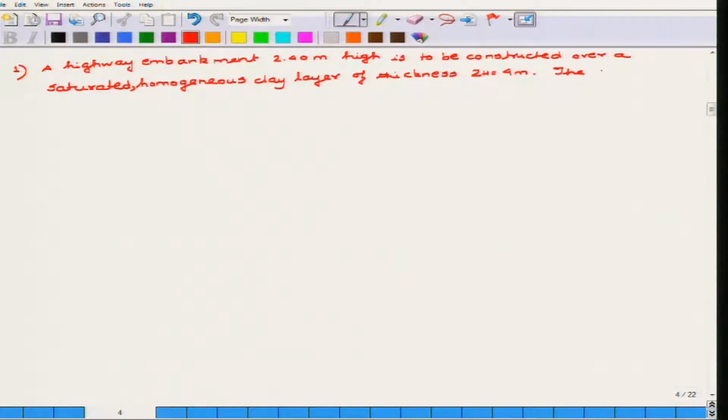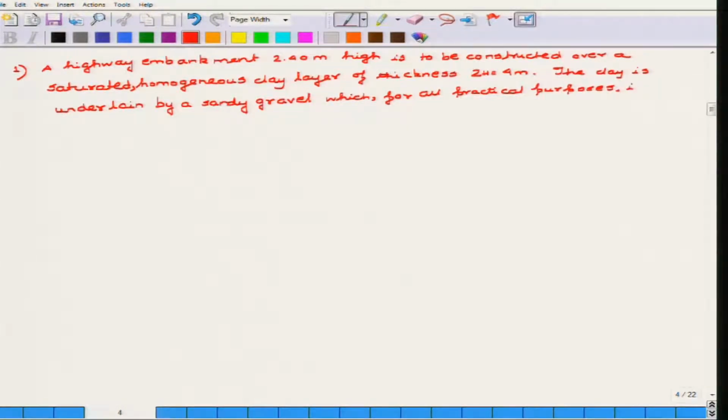The clay is underlain by a sandy gravel which for all practical purposes is incompressible.